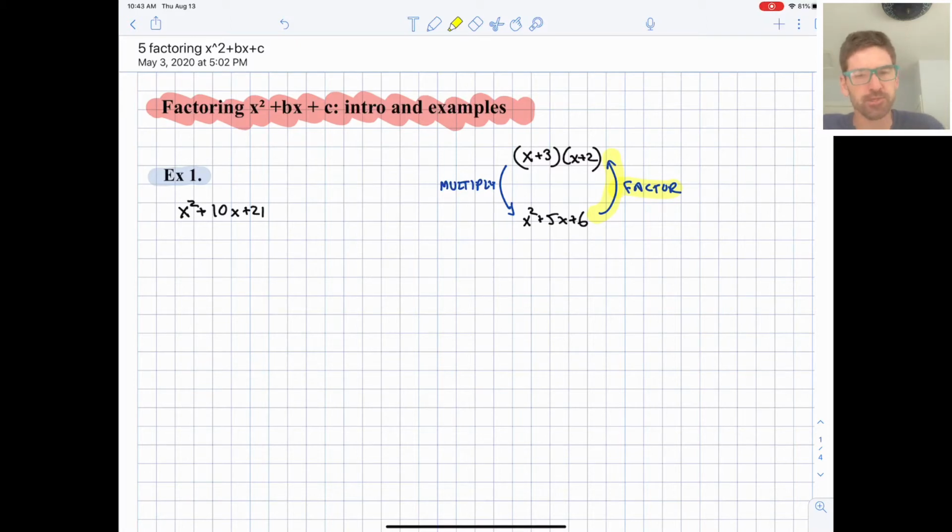One thing to notice here, and this will apply a lot. By the way, some teachers have different ways of teaching this. There are different graphic organizers that students use, different types of tools, grouping, and a method called the X box.